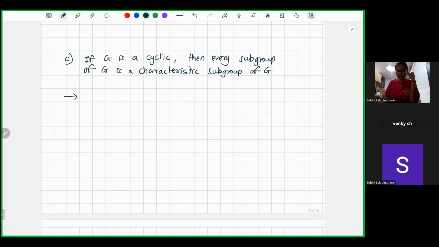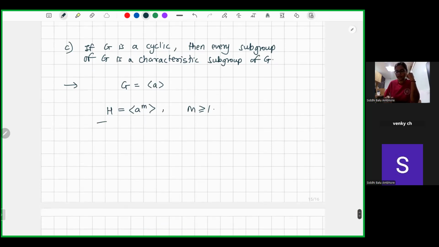Note that if G is cyclic, then G is generated by some element A. And H is generated by A power M, where M is at least 1. For any given T, since T is an automorphism, T of A power M will be what?